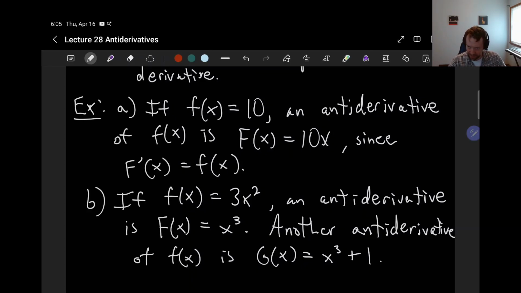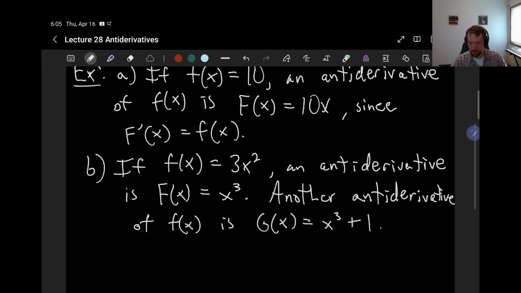Notice it has that same derivative, 3x squared, because the plus 1 just has a derivative of 0. And so it turns out you can always do this sort of thing. You can always just add any constant, and you have a new antiderivative. So that creates this large, infinite family of antiderivatives for a function.